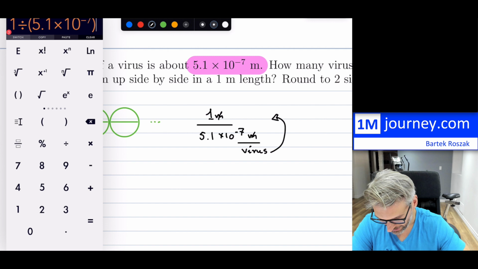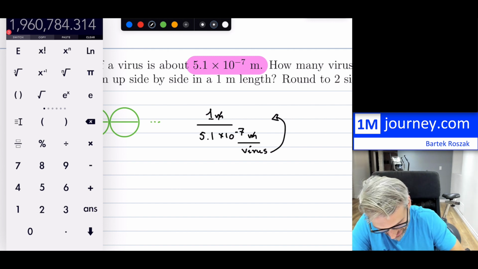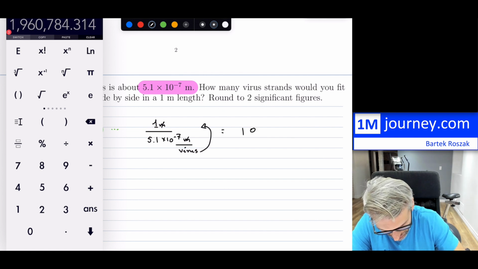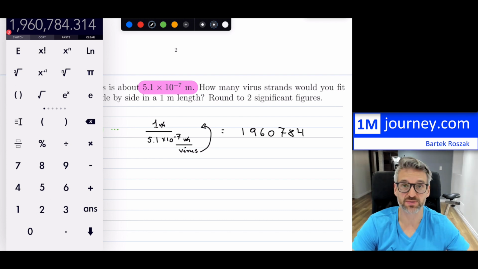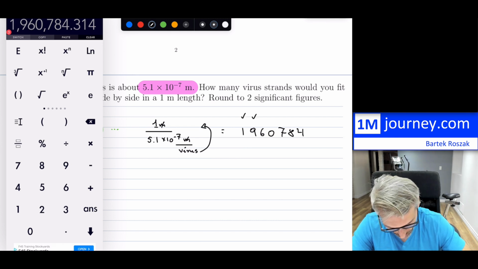Close the bracket, hit equals, and notice that it's quite a lot of strands. It says round to 2 significant figures, so I'm going to round this, and this is going to be equal to 1,960,784. I don't need the decimal places because 2 significant figures would have been just these two right there.